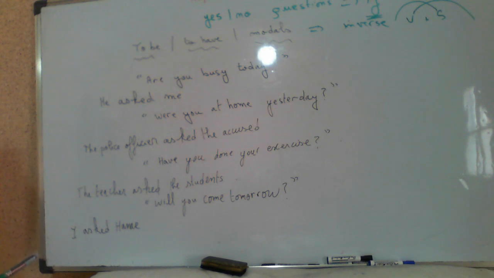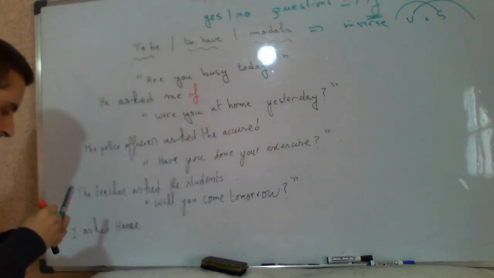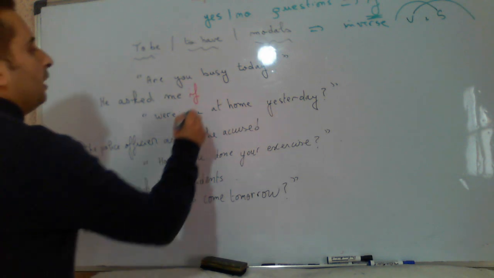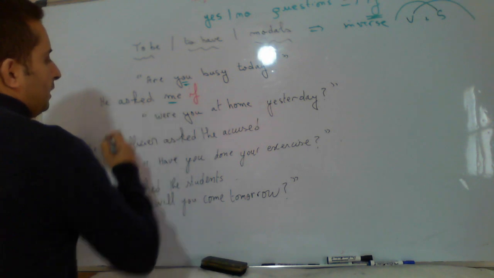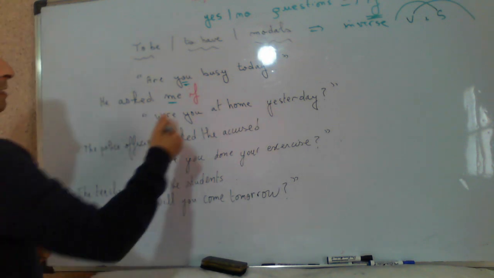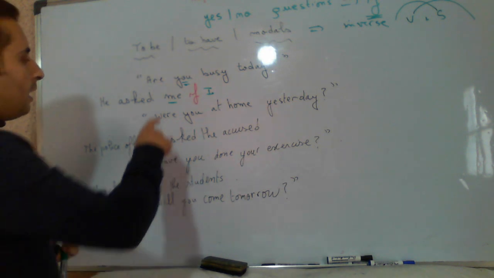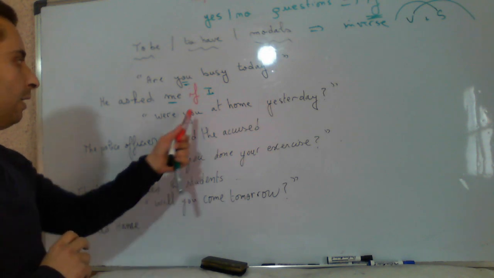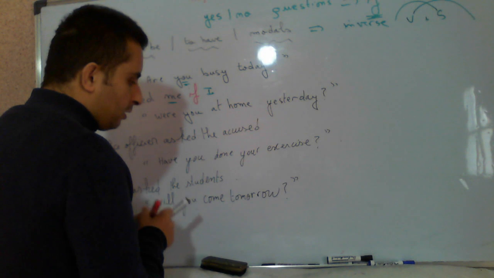So he asks me if, so we use if, and you refers to me, its question is for me, so it becomes I. We have the verb to be, is I. Now when we have if, we use just were.